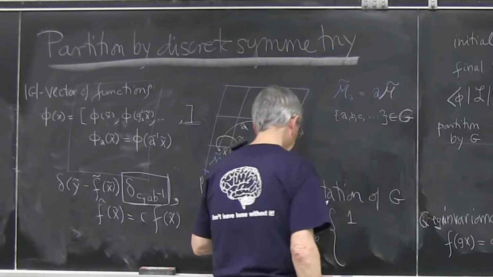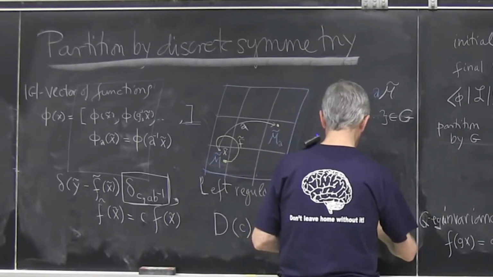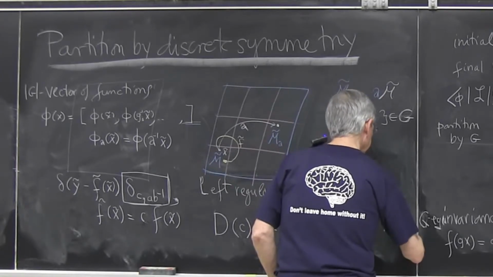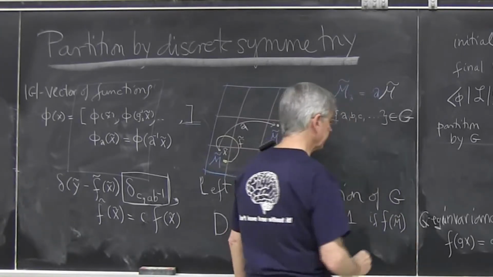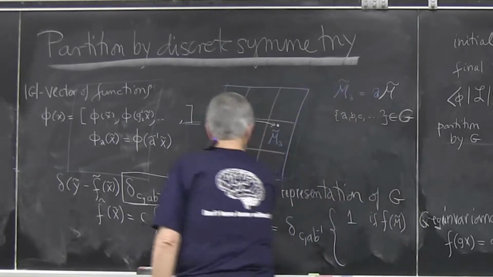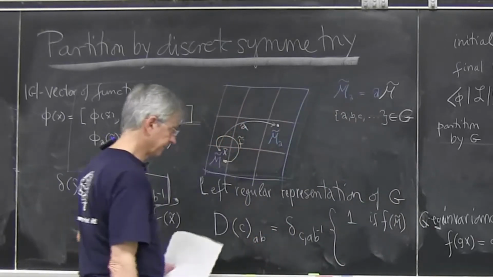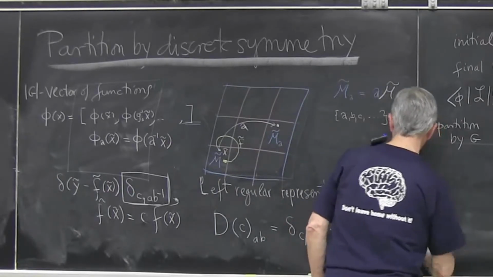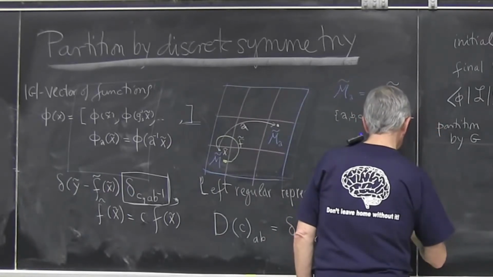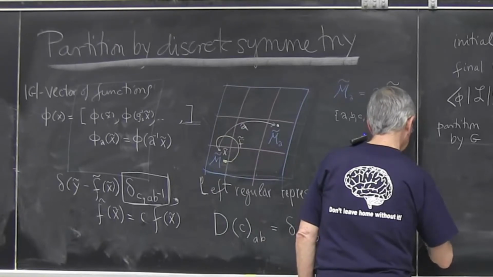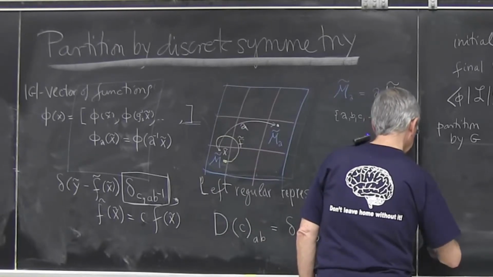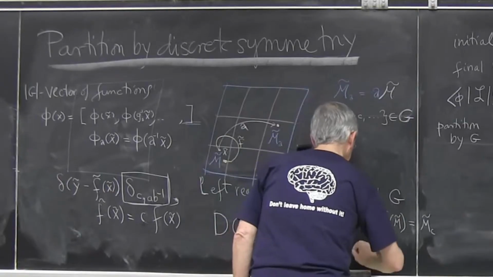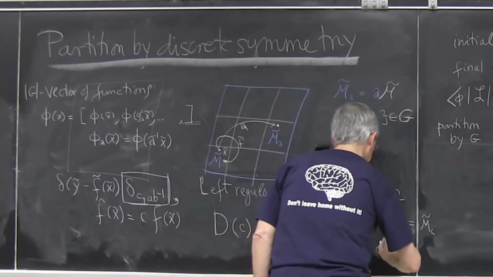It's 1 if any point in the fundamental domain under evolution ends in the tile, and 0 otherwise.